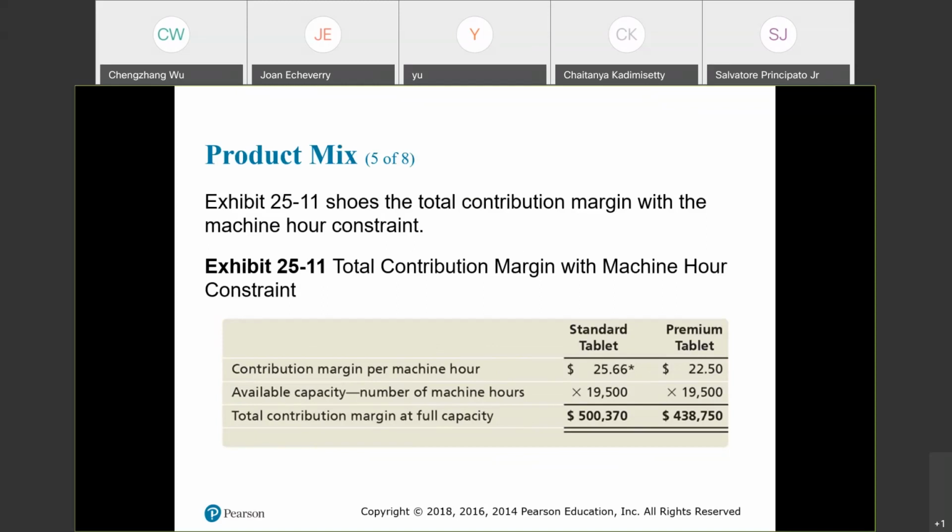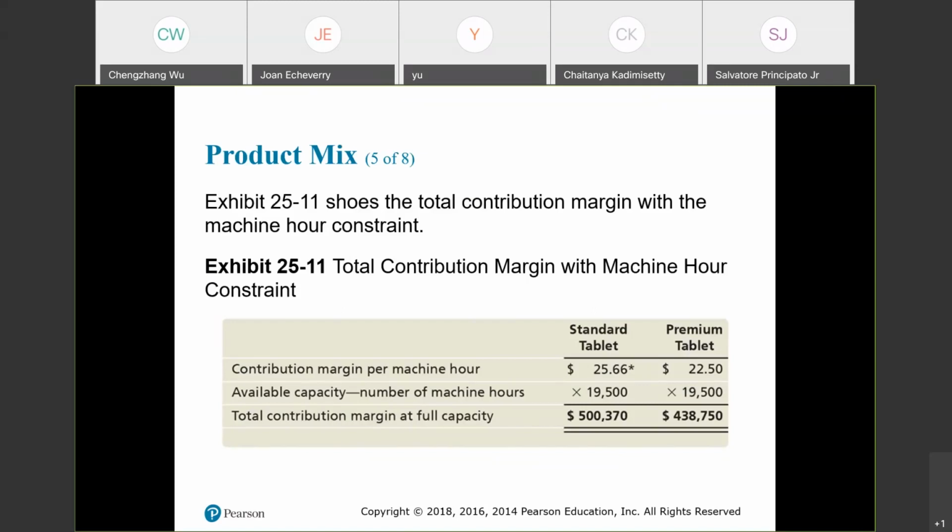So this slide proves that the company earns more total profit by making the standard tablet.